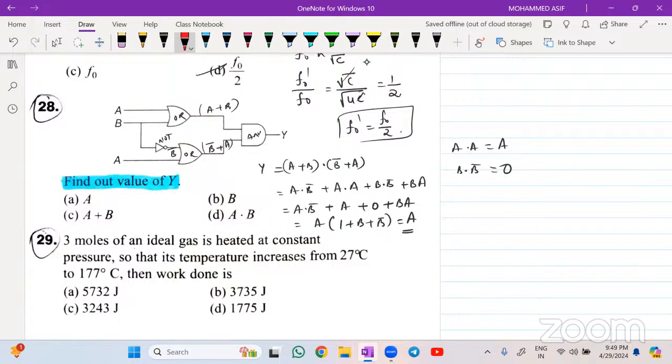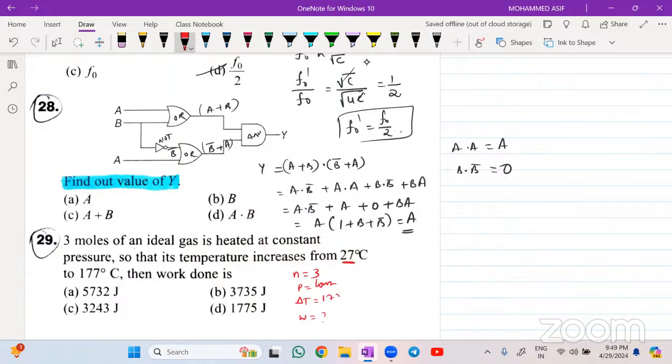Question number 29. Very good model. 3 moles of, that means N is given as how much? 3. 3 moles of an ideal gas is heated at constant pressure. That means the pressure is constant. And so its temperature increases from 27 to 127. Any change in temperature delta T is equal to 27 to 177. Work done will be equal to how much work? Isn't it?